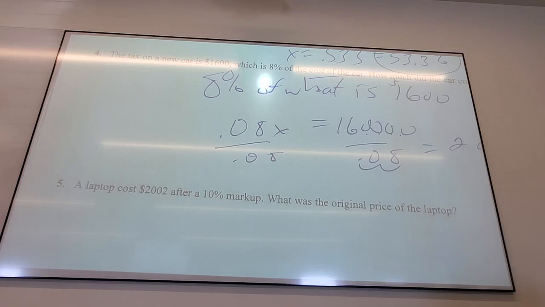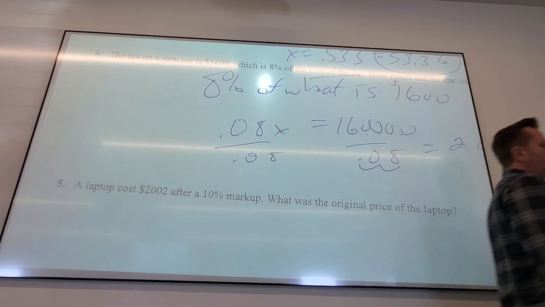If it would have been a 10% discount, it would have represented 90% of the original. If I mark something up by some percentage, where I end up must be 100 plus that percent of the original. I've added 10% to what was 100%, so of course it's 110%.